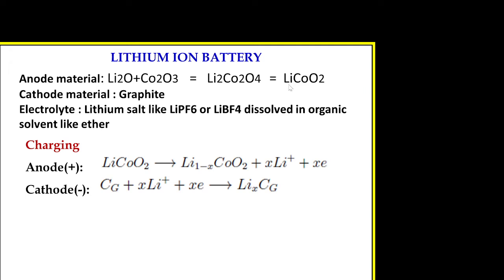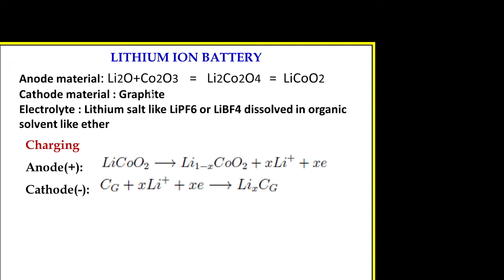Lithium, being a smaller ion, occupies the tetrahedral void. Cobalt 3 plus occupies the octahedral voids, and O2 minus forms the oxide array, and this is the anode material. Here lithium ion can be removed from the lattice points, which we'll discuss further.